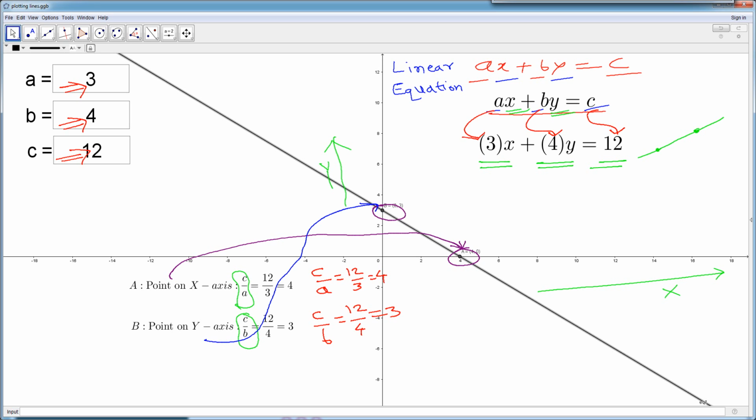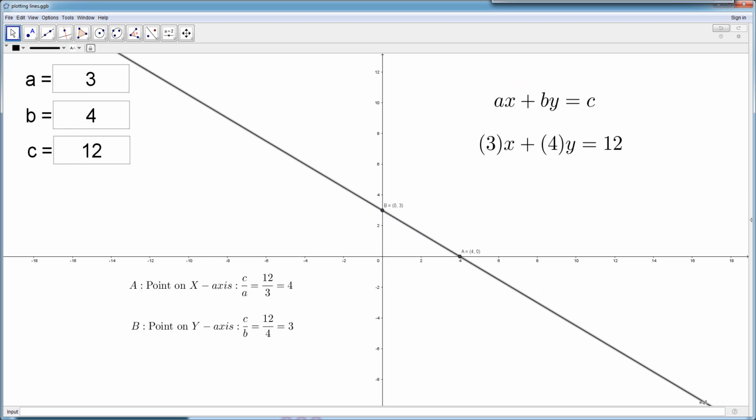Thus, we connect these 2 points and we get this straight line. Its equation is 3x plus 4y is equal to 12. Okay. Now, let us see another example of a straight line.